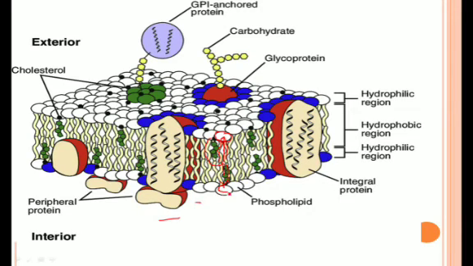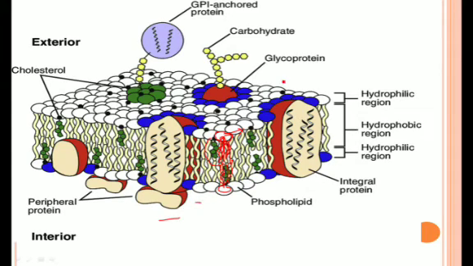They are present on the upper side and the lower side. This is the head of that lipid, and this is the tail of the lipid. The head is actually hydrophobic, and the two tails in the inner side are actually hydrophilic.